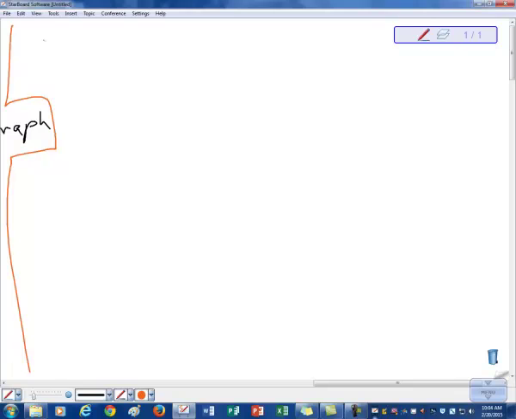Alright, so let's look at problem 6. And let's say we have this graph here. And let's say it comes up and down, and then it ends here and ends here.